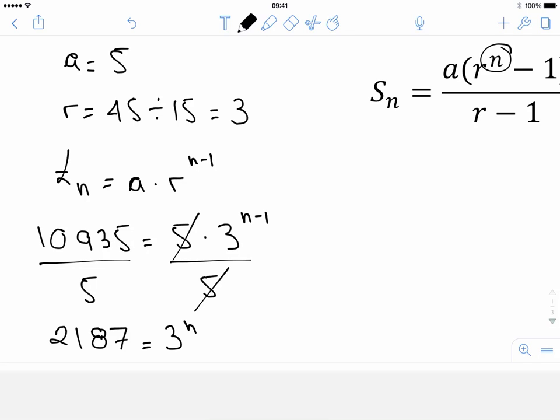So 2,187, is that a power of 3? I have a feeling it might be. So I'm just going to, off to the side, keep multiplying by 3, and while I do this, you should be trying it as well.